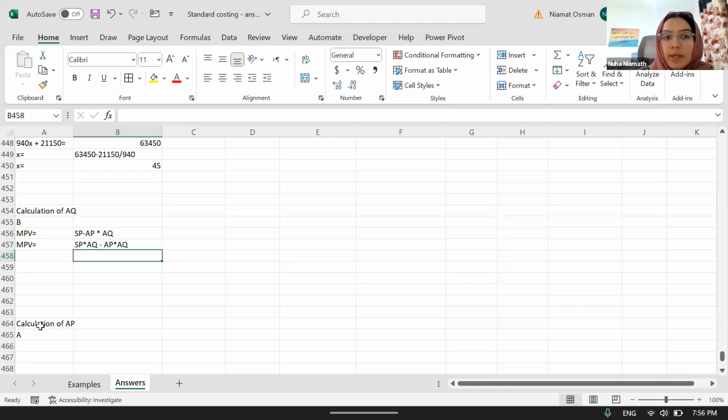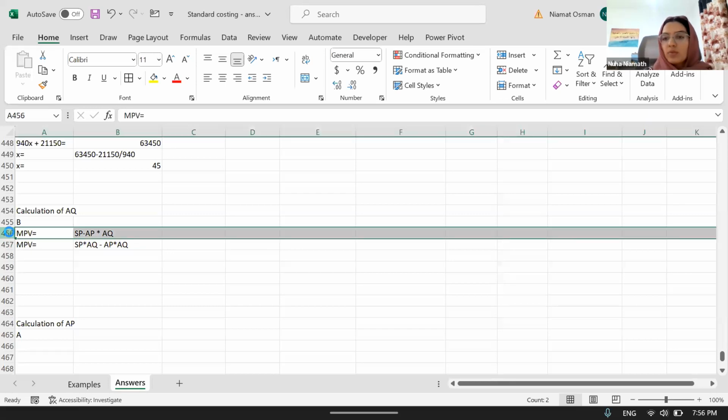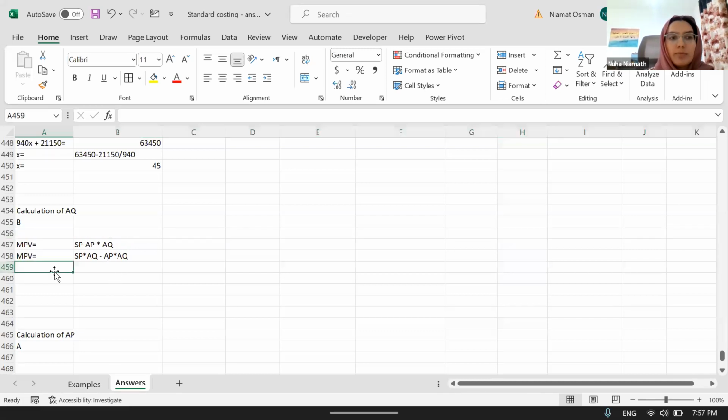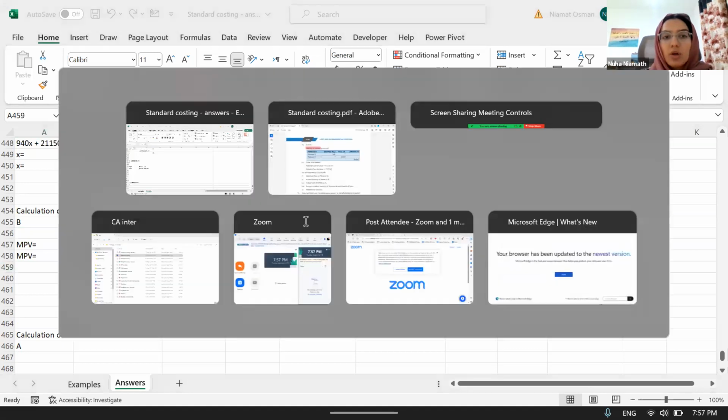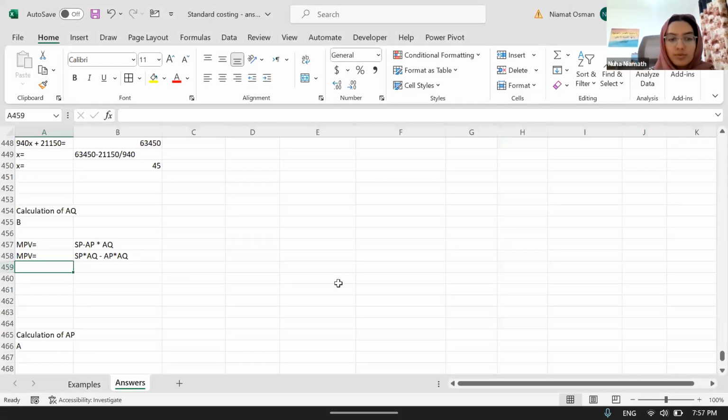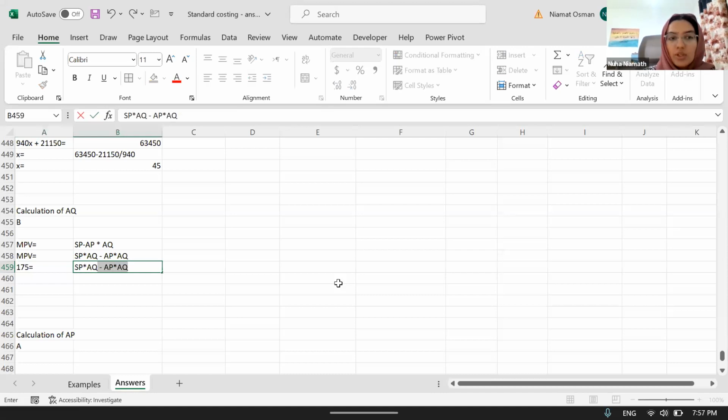Now, did it ring a bell? AP into AQ. Do we have AP into AQ, guys? We're talking about total here. Total AP into AQ is 59,825. Perfect. MPV is given to be what? Price variance is 175 positive. So 175 is equal to SP into AQ minus 59,825.